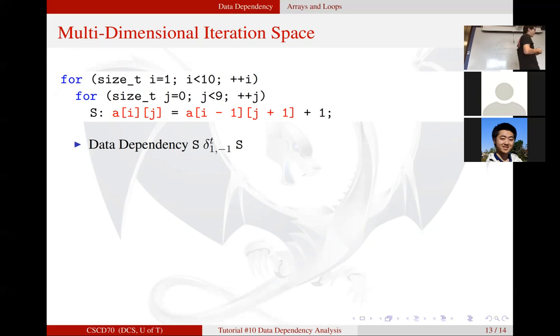Similarly to what we had in the case of the 1D loop, in the case of the 2D loop, we perform data dependency analysis similar to what we had before. The only difference is that in this case, as you can see from the data dependency notation, our dependency distance also now becomes 2-dimensional, where we have this 1 and minus 1.